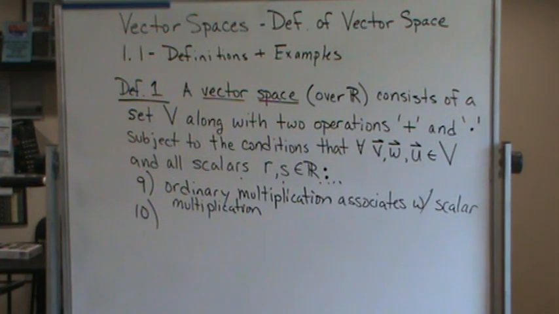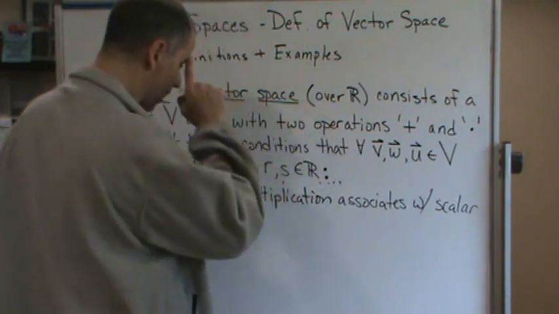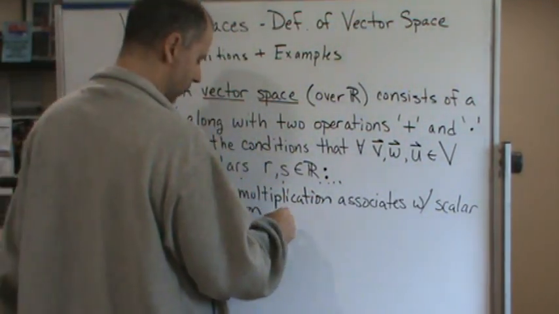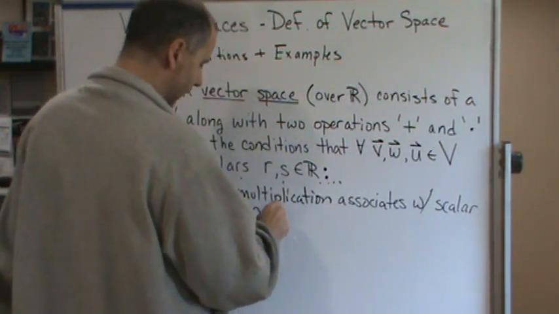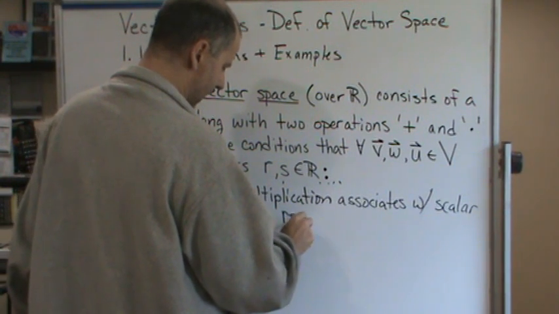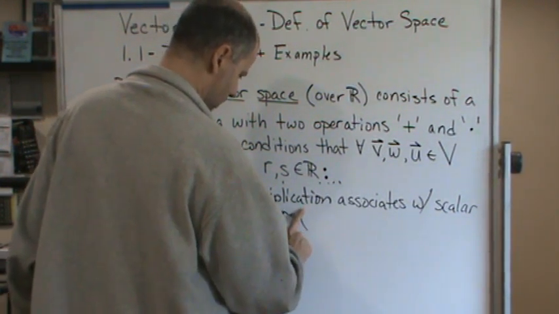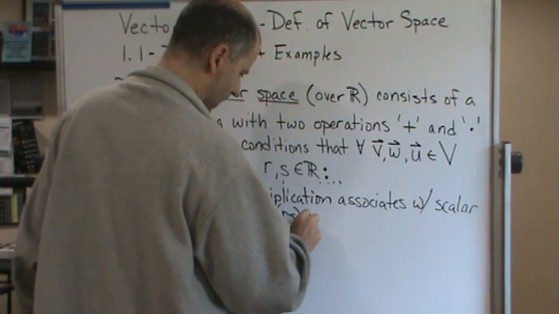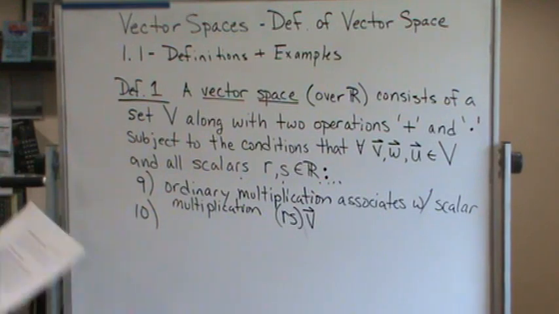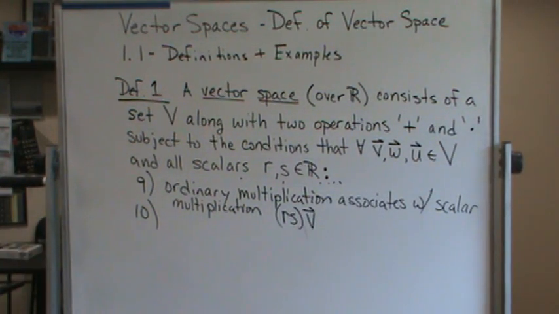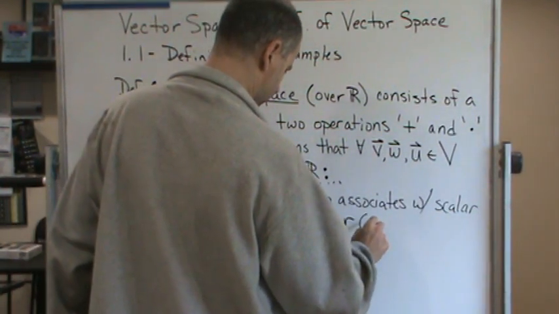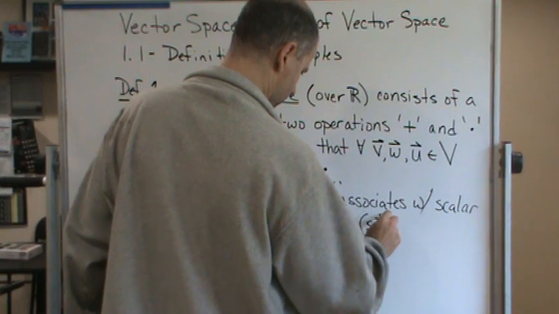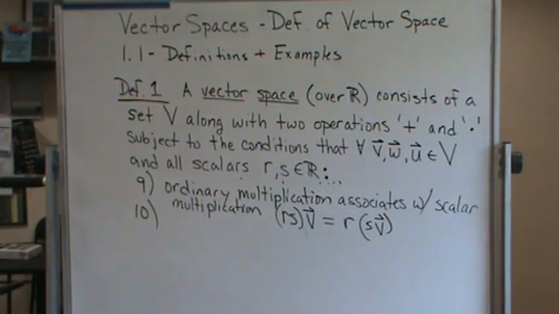It means that if we have two scalars, very similar to what we were just talking about with the distributive property, here, if we have R times S times vector V, then we can group these like so. And so that's what we mean by associates here.